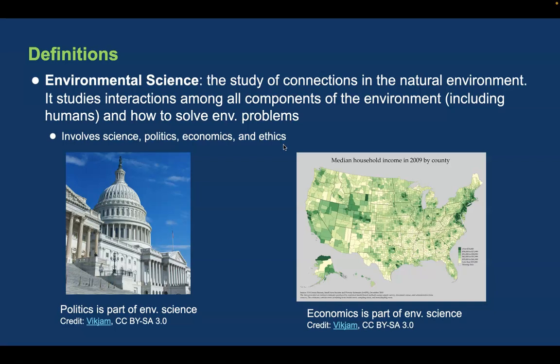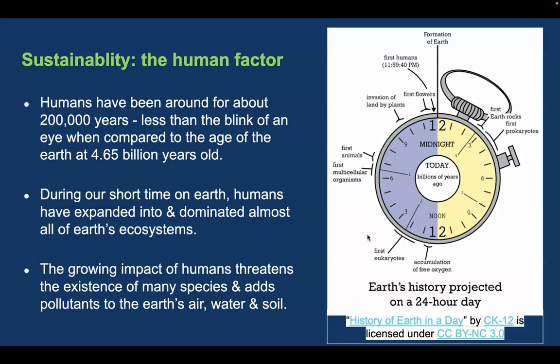What are their causes? How has nature solved such problems, and how can we solve such problems? So again, environmental science is this interdisciplinary science that includes not just science, but also politics, economics, and ethics. And we're going to talk about how that is.